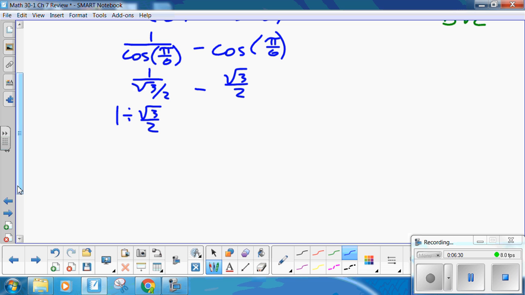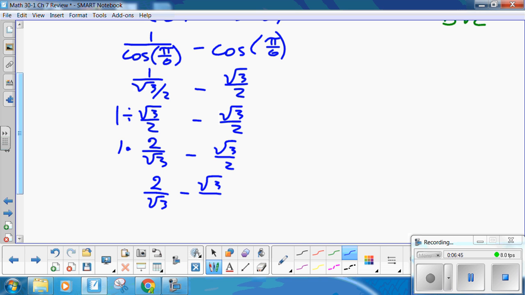Now think about it for a moment. What do you get? 1 times 2 over square root 3. And don't forget your minus root 3 over 2. So 2 over square root 3 minus square root 3 over 2. So far, so good. Now, you're subtracting these, so you need common denominators.